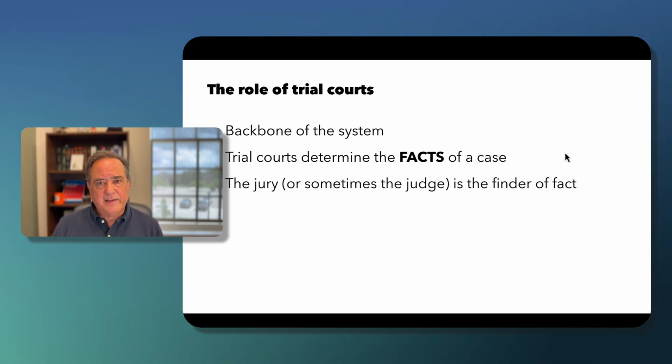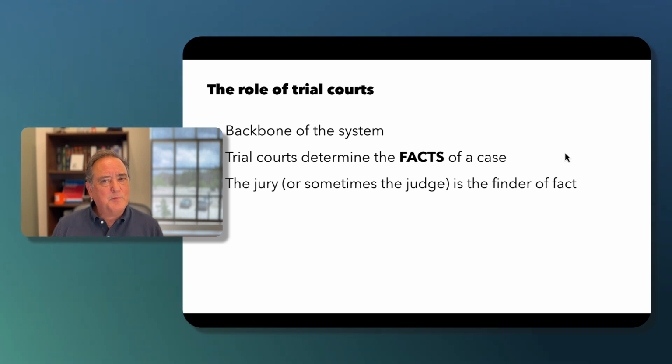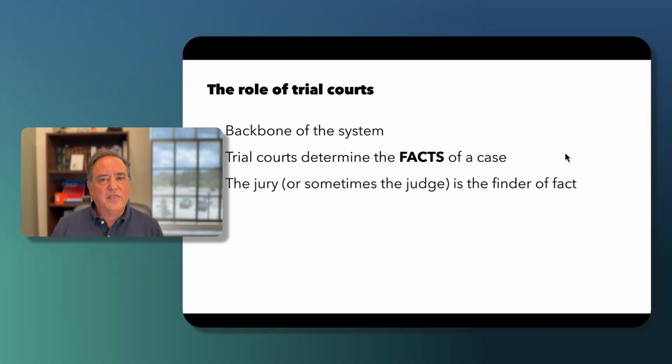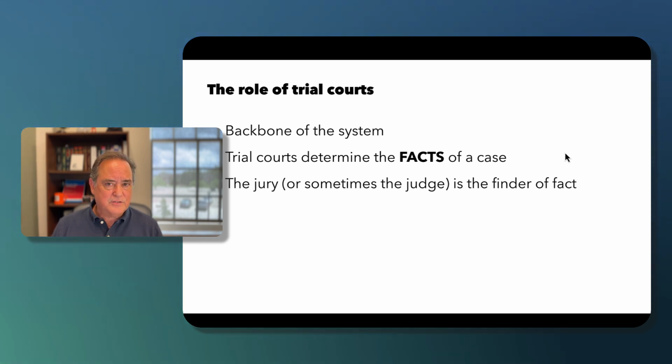But in any event, state trial courts decide the facts, and those facts cannot be changed by an appellate court. Whatever the facts of the case are at the time that the trial court hears it, those facts remain the facts for the rest of the life of that suit.